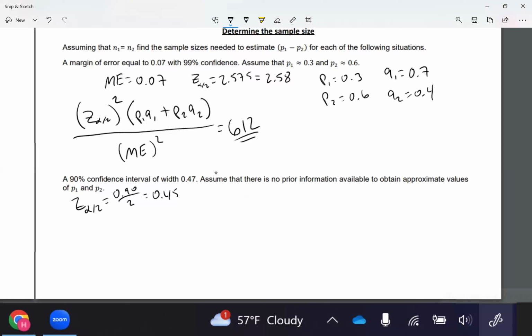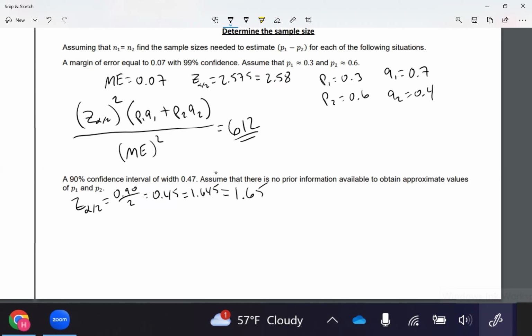I find on my C-score table 1.645. But I'm going to round this to 2 decimal places, so my C-score is 1.65. My confidence interval has a width of 0.47.